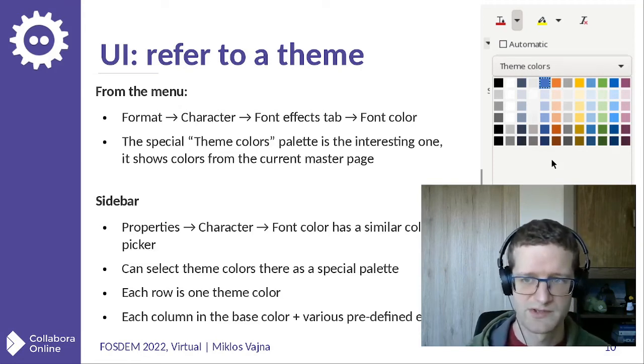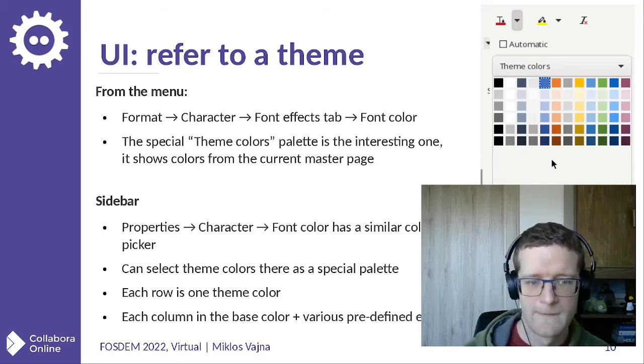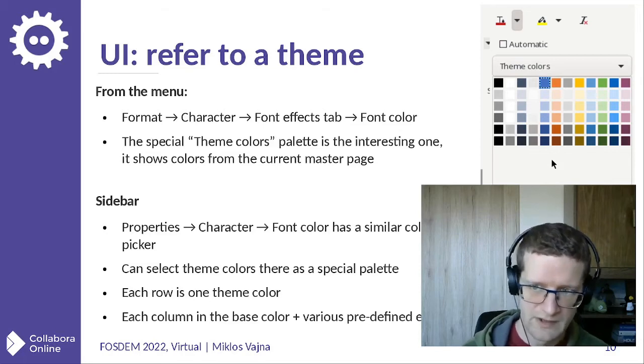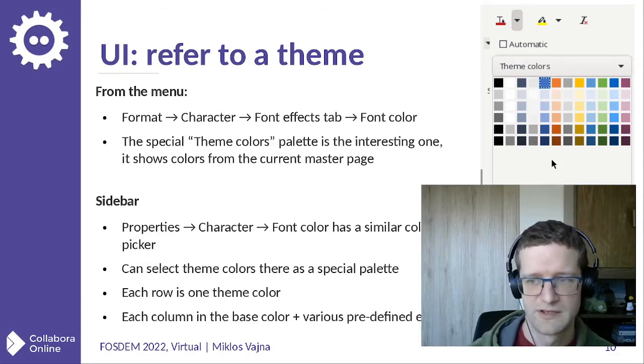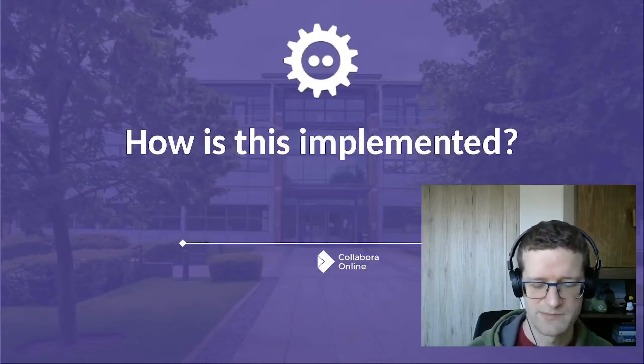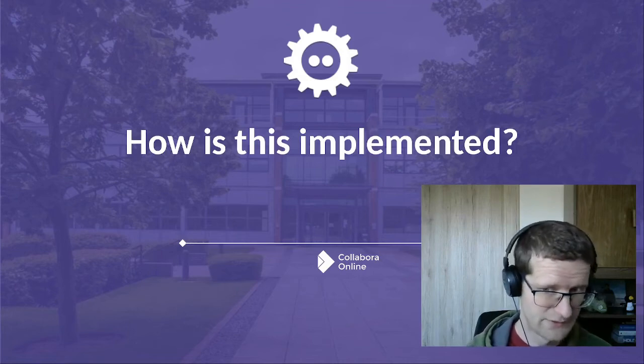There is a special new theme colors palette, and what you see there is a matrix of colors. Each column is one theme color. The first row is the color as is, and then there are presets to have lighter and darker variants, so you don't have to specify these color effects manually. So this is basically what we have today.